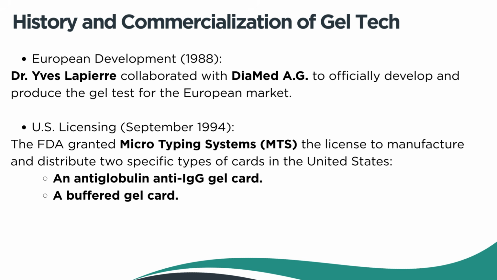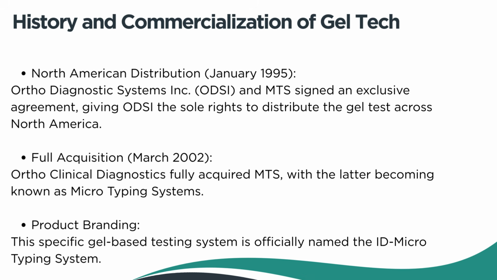And this was a crucial development as it allowed these advanced testing methods to be adopted in the United States, enhancing the accuracy and reliability of blood testing. These developments marked the beginning of a transformative era in blood testing, enabling the widespread adoption of gel technology and setting the stage for further enhancements.